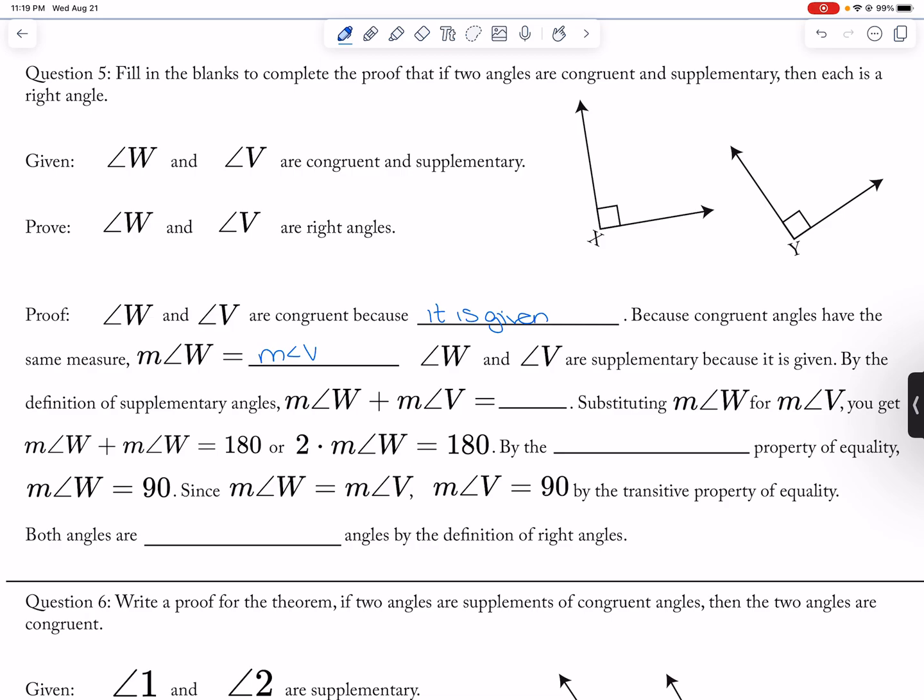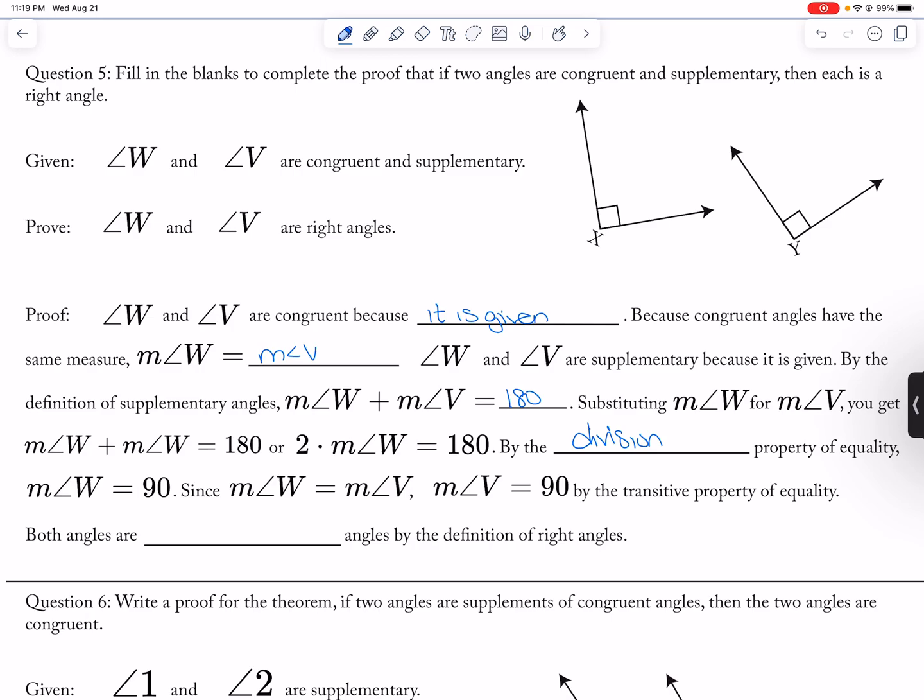Angle W and V are supplementary because it's given. By the definition of supplementary angles, the angles add up to 180 degrees. And then by the division property of equality, W is 90.